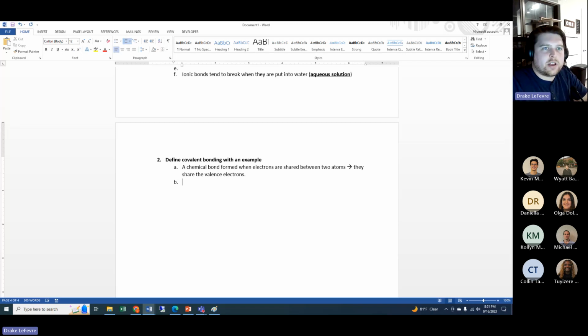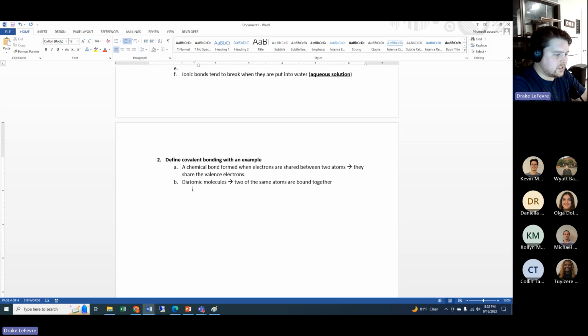One of the most common covalent bonds that we're going to see are called diatomic molecules. This is not going to be tested on, so I'm putting this for your information. This just means that two of the same atoms are bound together.